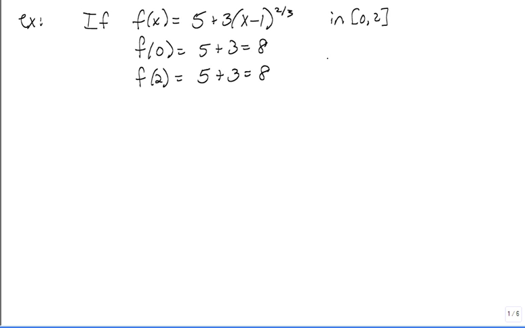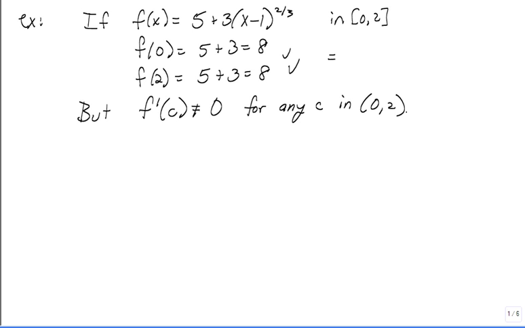So these are equal. But f prime of c, the derivative, is never 0 for any c in 0, 2. Well, why doesn't it contradict the theorem?